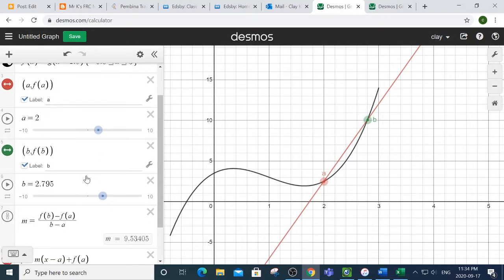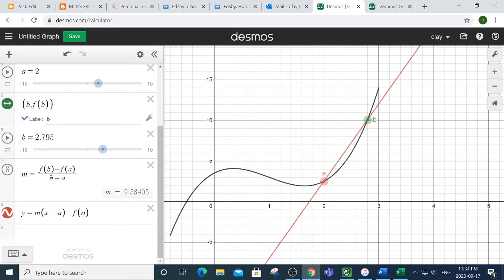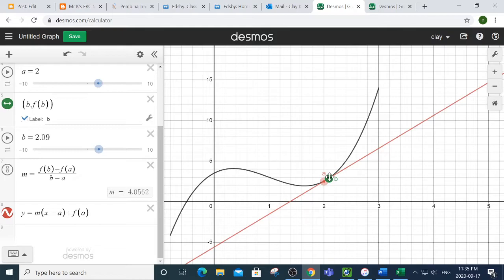I'll show you how I made those in a few minutes. I won't show you how I made this curve. That you'll have to learn later in the course. But here is my new version of the slope formula. Right? So notice what's happening to this slope as I move B closer and closer. As I get closer, it gets smaller and smaller until I get really, really close.